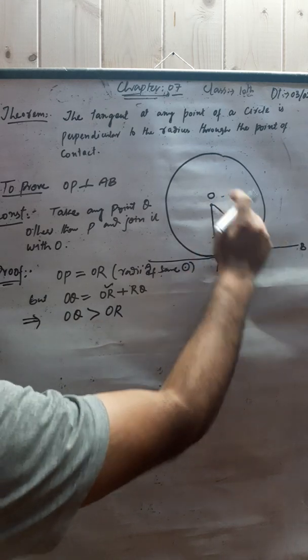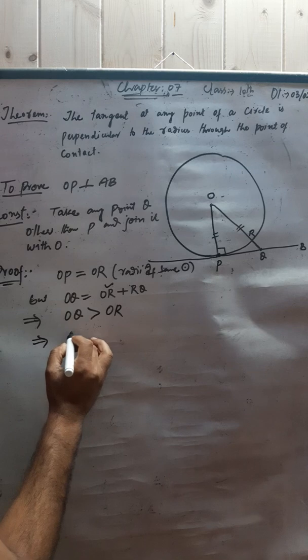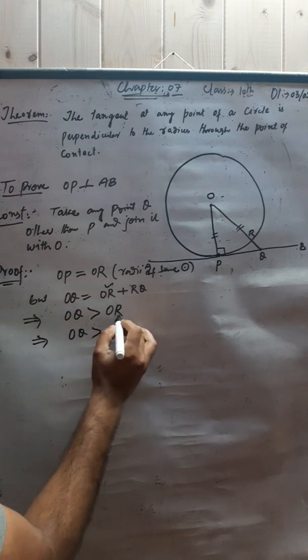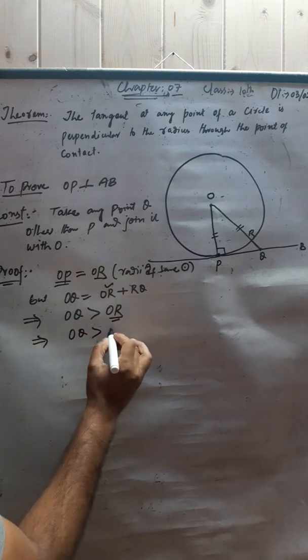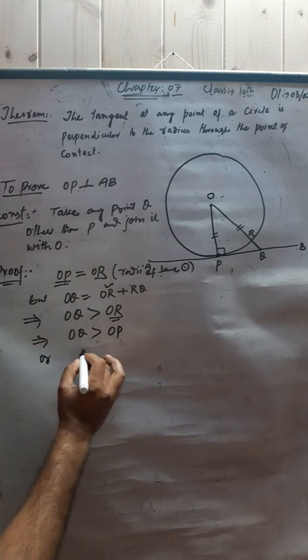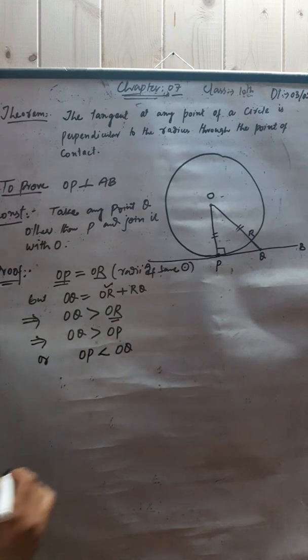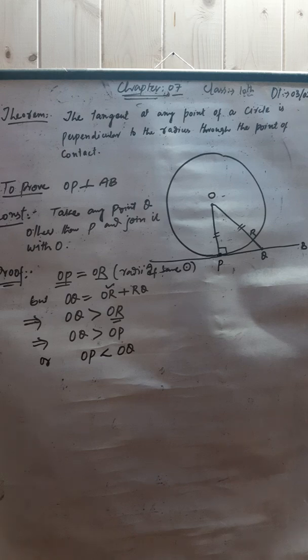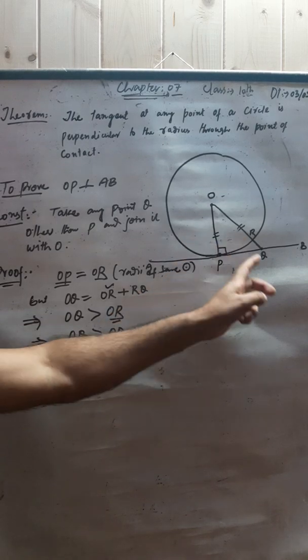And since OR and OP are equal, it is greater than OP. If we change the order, we write OP is less than OQ. So this OP is shorter than OQ.